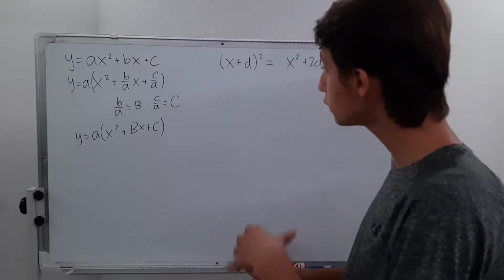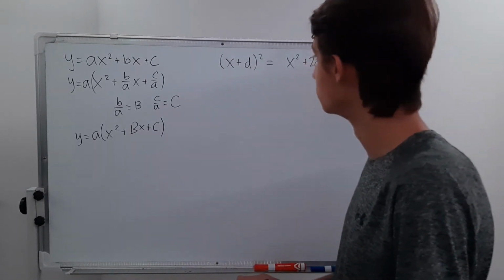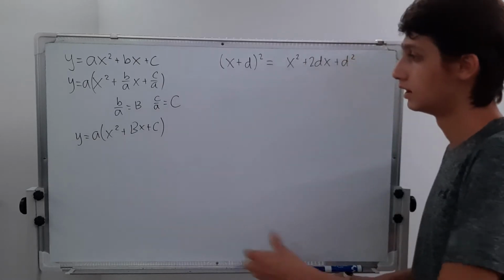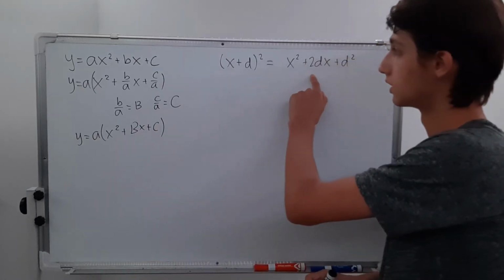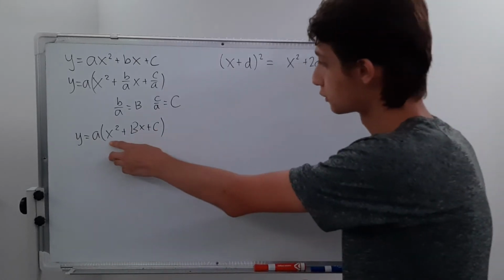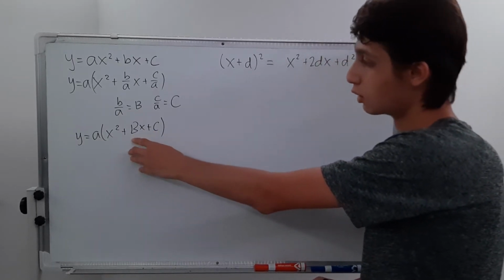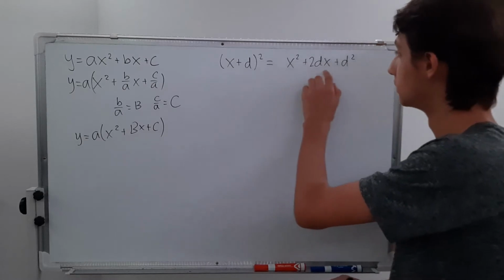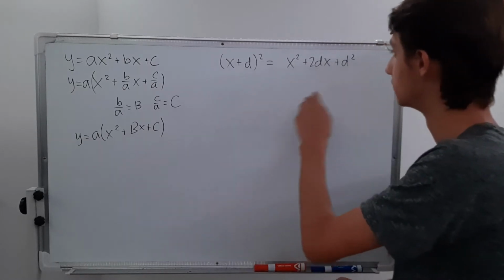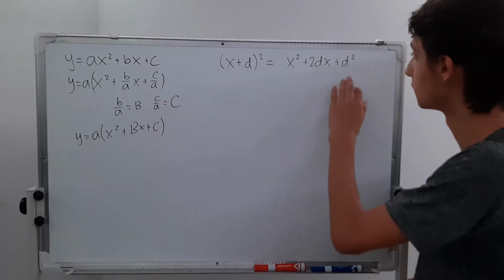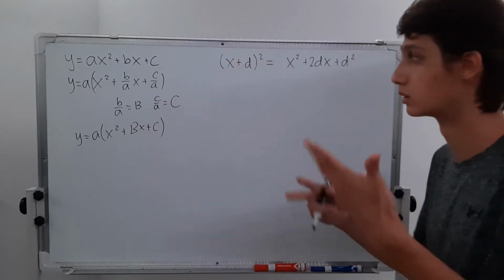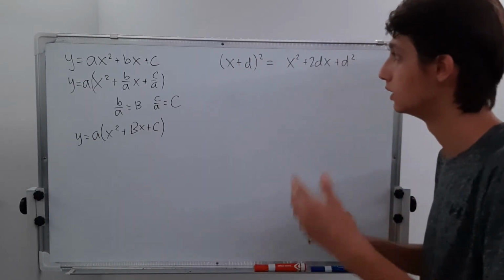Okay, so now we can notice that this looks very similar to that. We have our x squared term, we have the coefficient in front of the x, which is there, and we have a constant. Because d squared is just a number, d could be like 5 or 4 or 7 or 20, you know.